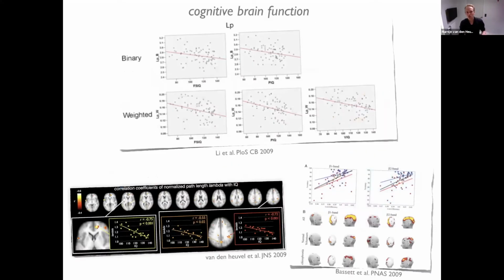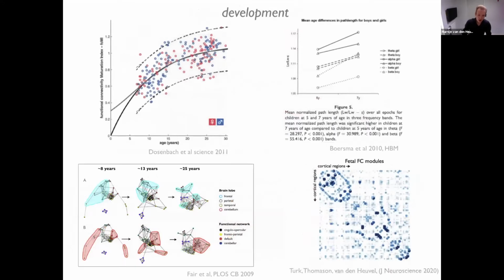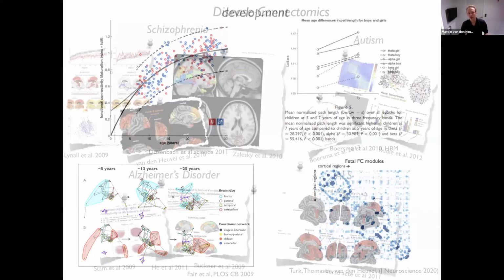And indeed, over the years, many people have tried to start using these connectome tools to do so. People have suggested that the efficiency of communication within brain networks might be related to cognitive abilities. There have been many studies on how brain development from the baby to adolescent to the adult might reshape brain connectivity, and how that parallels development of certain, again, cognitive skills.